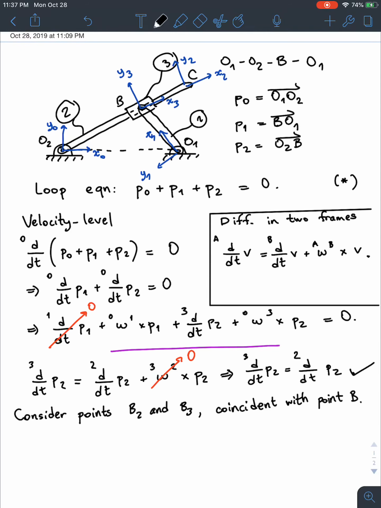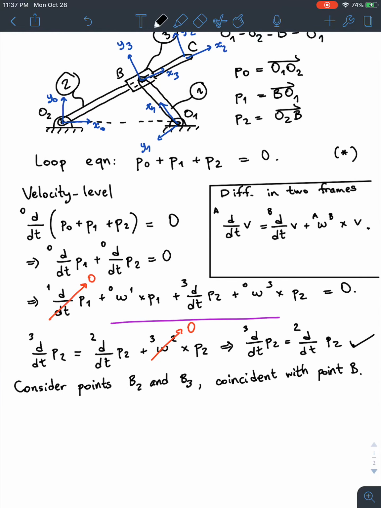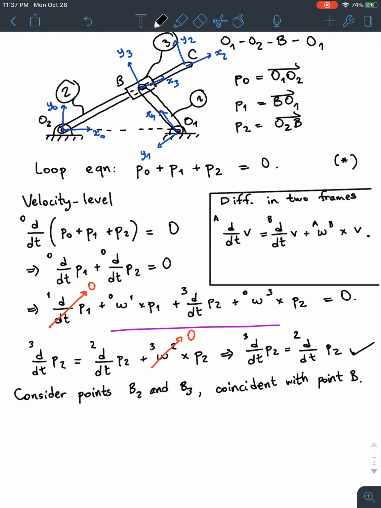But the caveat, or the important bit, is that B2 is going to be a fixed point on the second rigid body, or the second frame, right? And B3 is going to be a point that's fixed on the slider, or on the third rigid body.